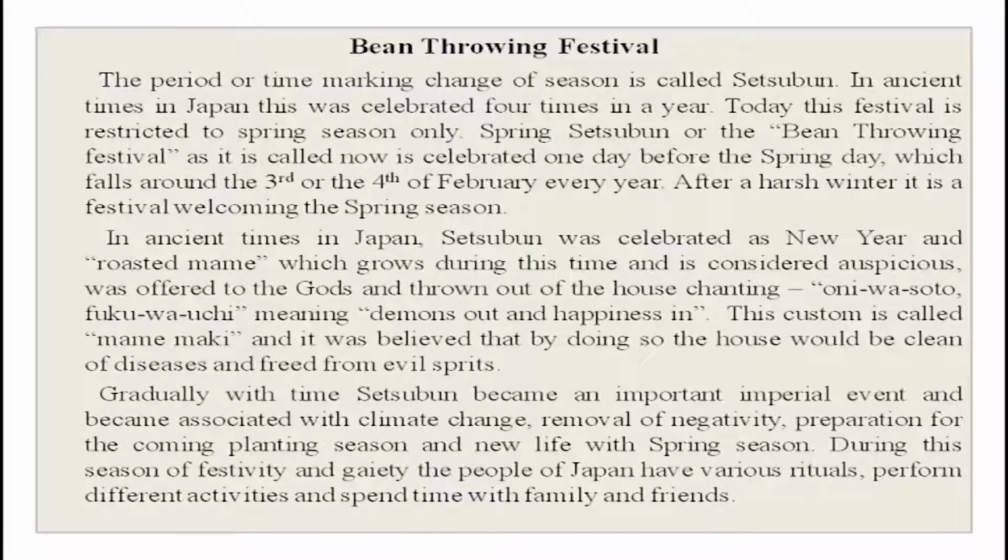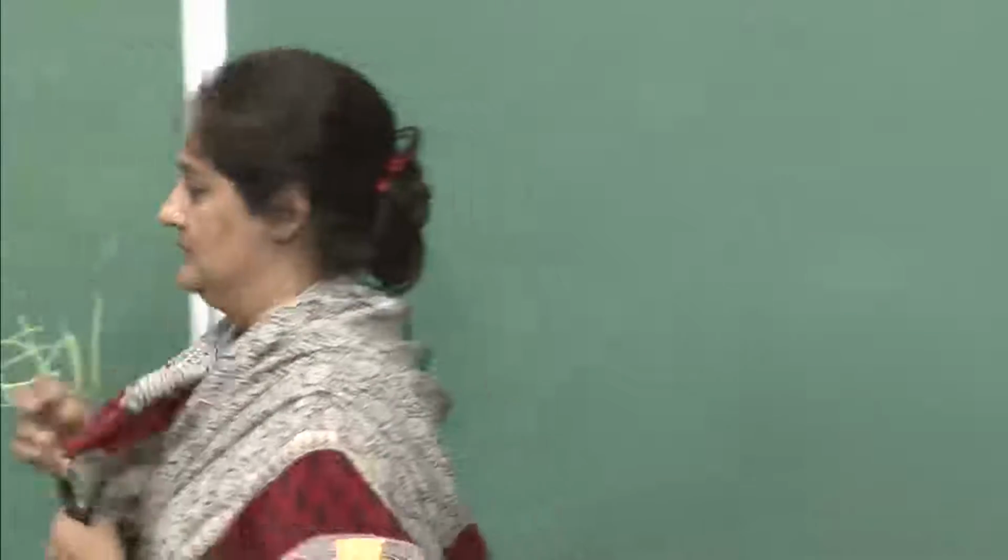It is also called Mamemaki, and on this day roasted soya bean is thrown outside of the house, and something is chanted. The words that are chanted are Oni wa soto and Fuku wa uchi.